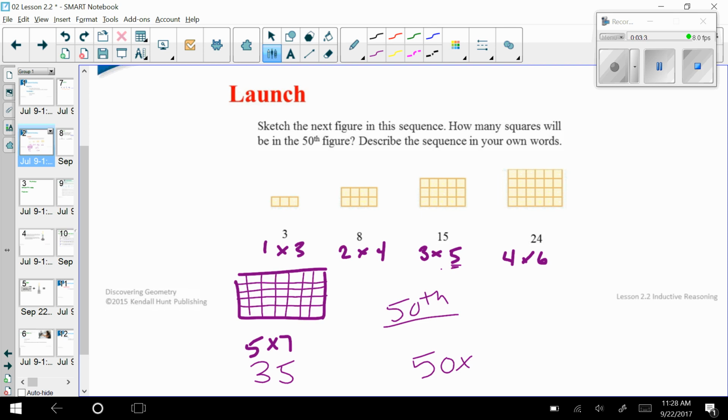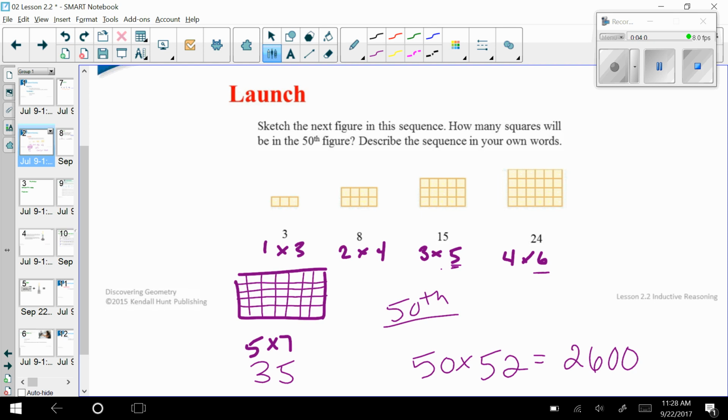The third one we have 5, that's 3 plus 2. The fourth one we have 6 blocks wide, so that's 4 plus 2. So in the 50th figure, we're going to have 50 plus 2 wide. So 50 by 52, our area is 2,600 blocks.